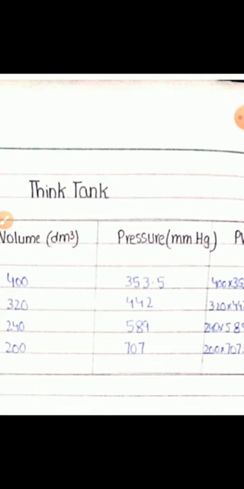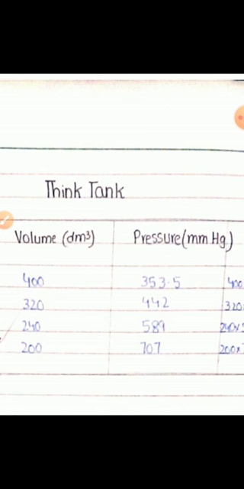The product is 141,440. In the third case, the volume V3 is 240 and P3 is 589. We take their product and the value is 141,360.